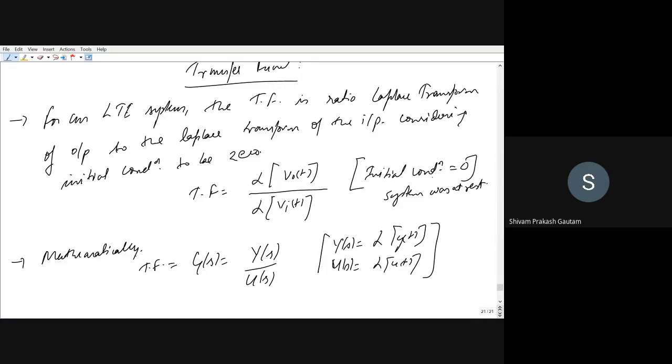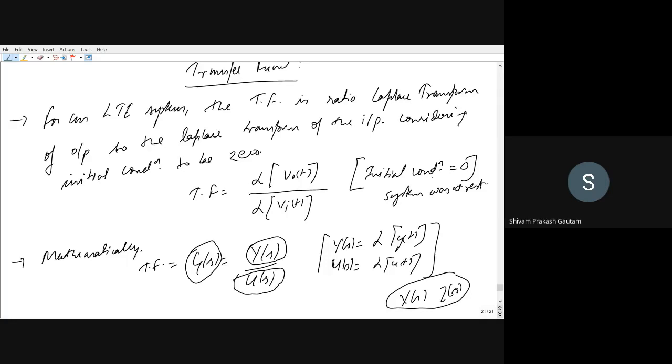You can take your own variable, call it X of S, Z of S, whatever you want. But for making it uniform, in most of the standard books, you will find that the transfer function is denoted by G of S. Usually output is represented by Y of S, and usually input is represented by U of S.